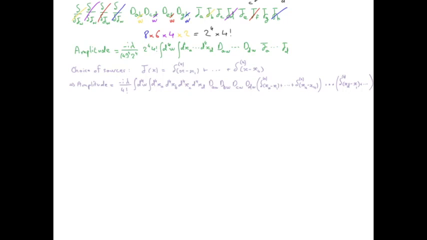Each of the integrals over x_a, x_b, x_c, x_d is going to be killed by a delta function. However, we see that we have 4 possibilities for each variable. For x_a, it could be killed in x1, x2, x3, or x4. And same thing for all the other variables.